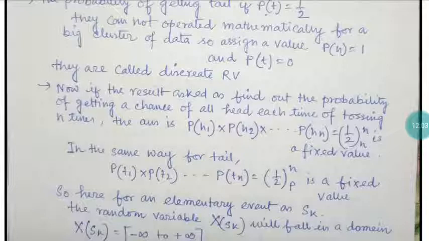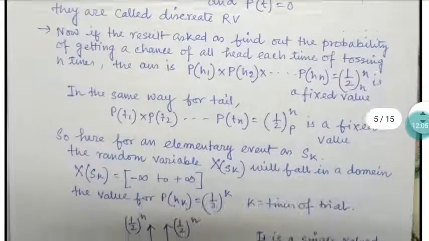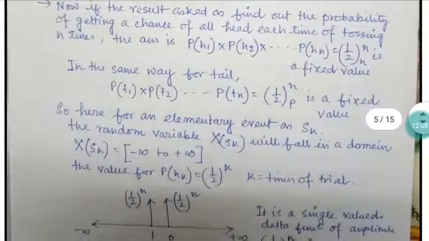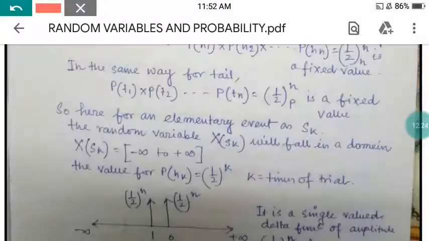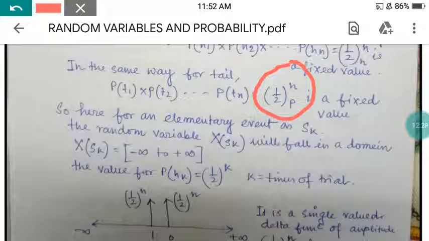So here, for an elementary event sk, the random variable X(sk) will fall in a domain of X(sk); it must lie in the range from minus infinity to plus infinity. Whatever the value of n, plus 1, plus 2, plus 3, plus 4, the value must actually be either 1 or 0.